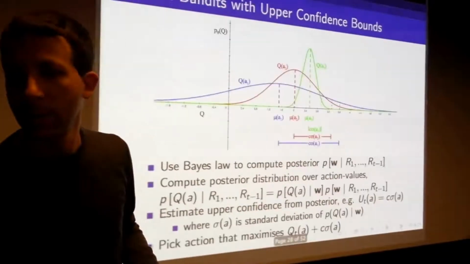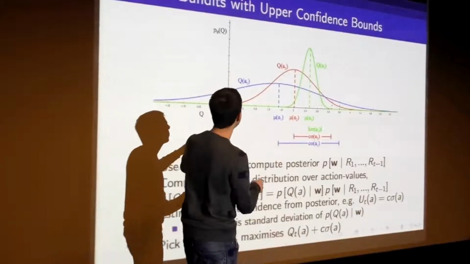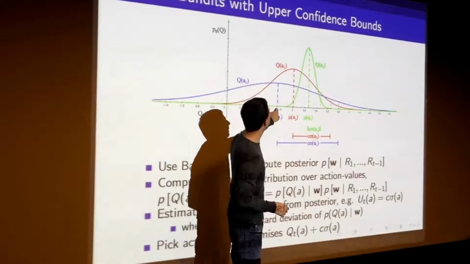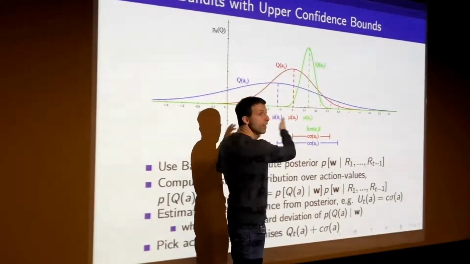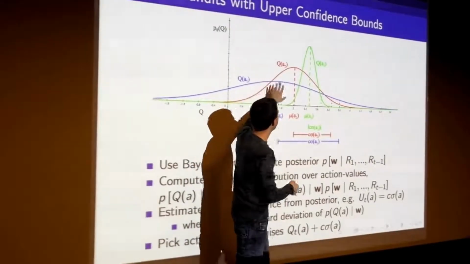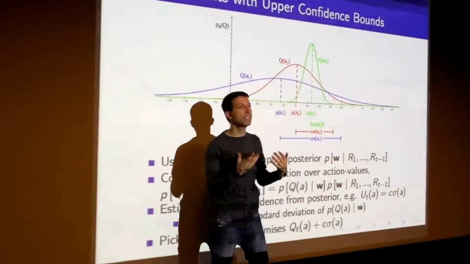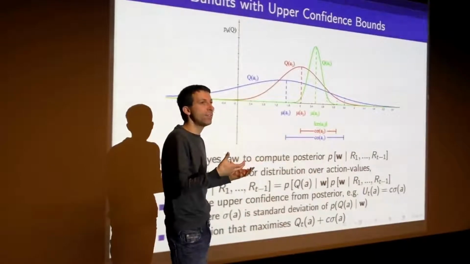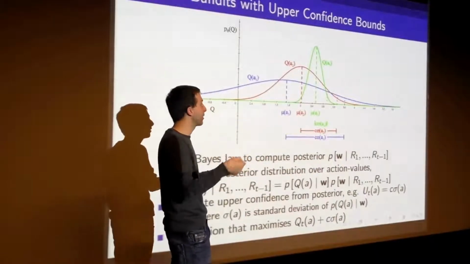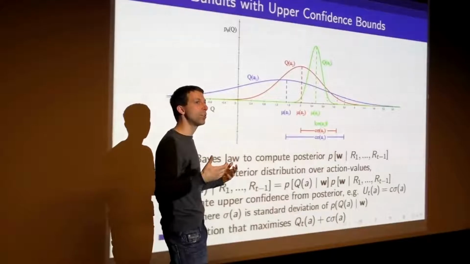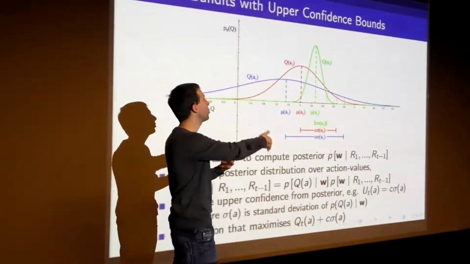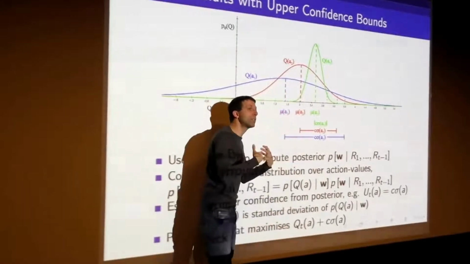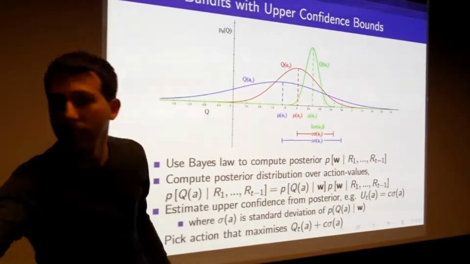So an example would be, let's parameterize our uncertainty over Q by estimating the mean of Q and the variance of Q for this action and for this action and for this action. And so you'd have 6 parameters then describing everything we believe about those Q values. We've got the means, which is what we normally track, but also the variances. And so the Bayesian approach literally computes a posterior distribution over what these things look like after the data that we've seen so far. And then it uses that information to make our decisions.